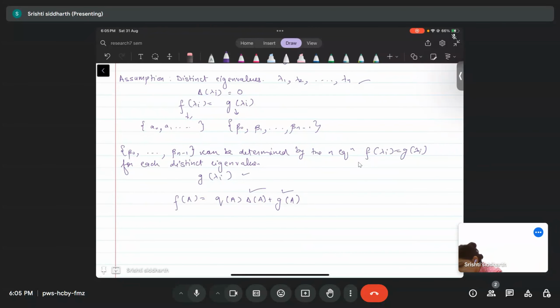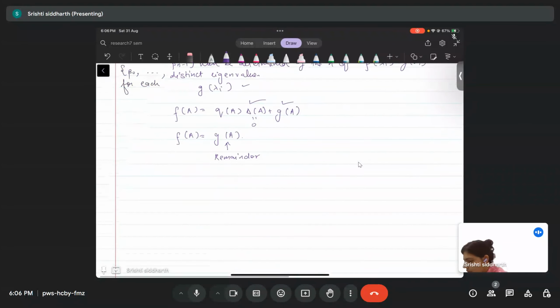At the characteristic equation, if we substitute A, this is 0, then we have f of A is simply g of A. So what we are after is the remainder, right? We need to calculate the coefficients in the remainder polynomial to compute the polynomial f of A. Okay. So this was the case for distinct eigenvalues.